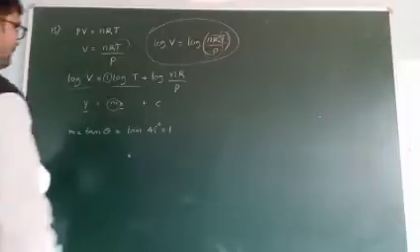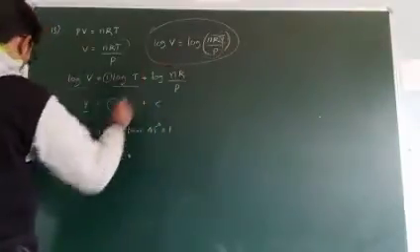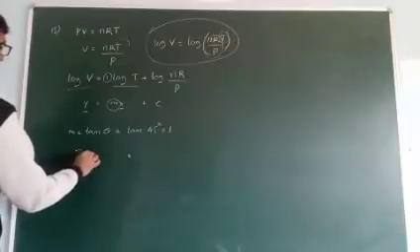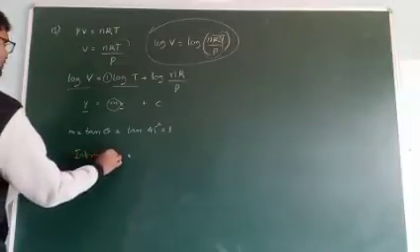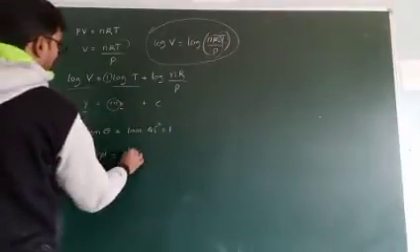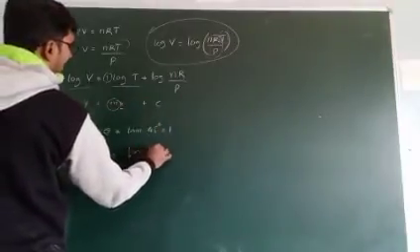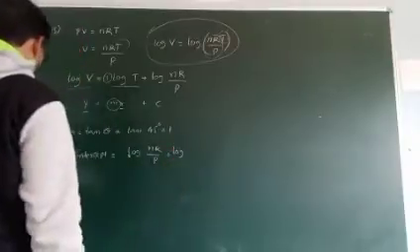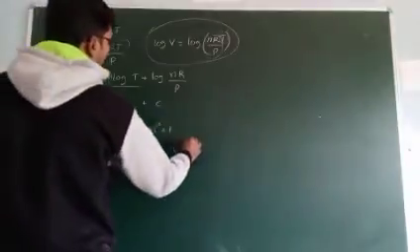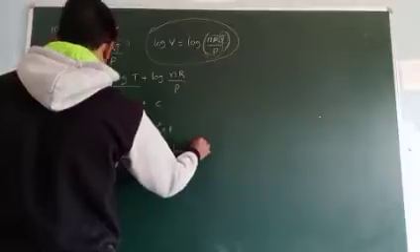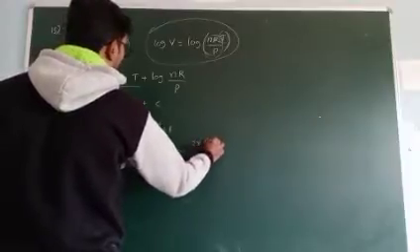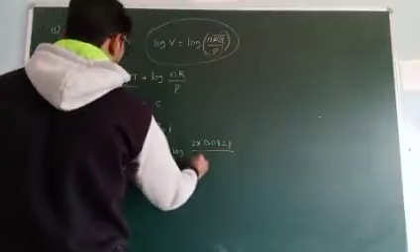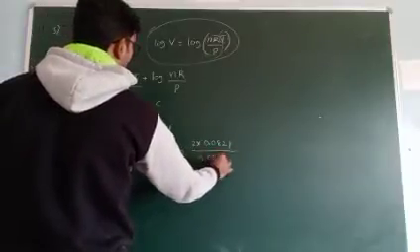So now the intercept value. How can we calculate the intercept value? The intercept value is log nR by P. So log, what is the n value? 2 moles are given here. 2 into the R value we know, 0.0821. The pressure value is also mentioned, that is 0.0821.